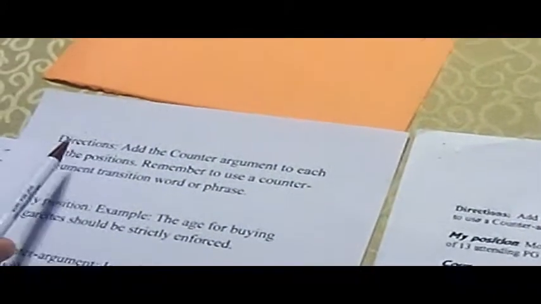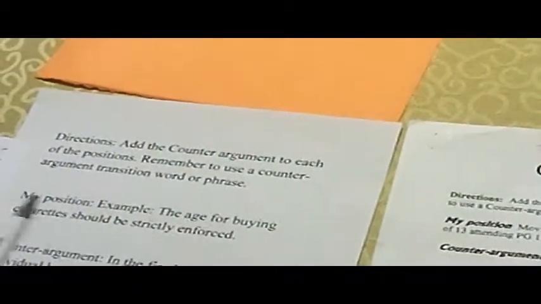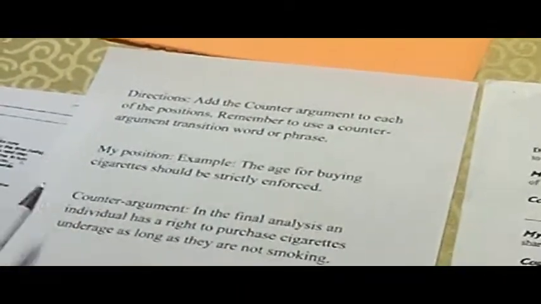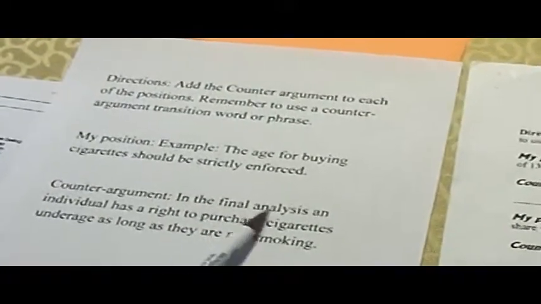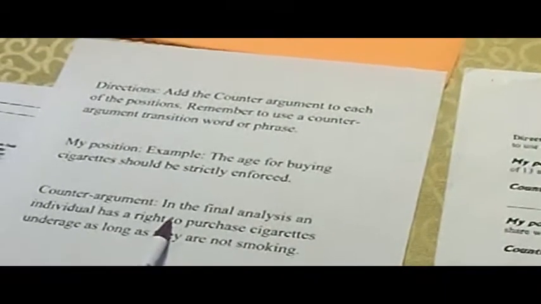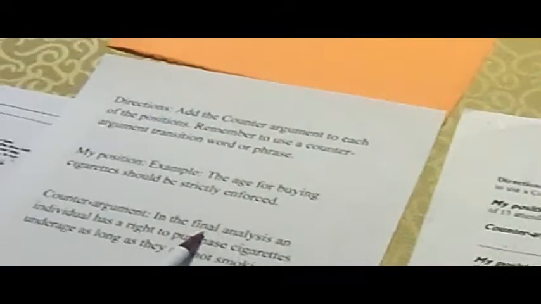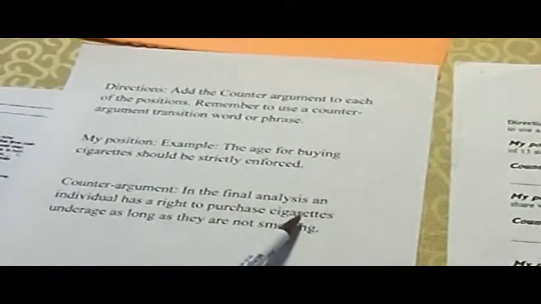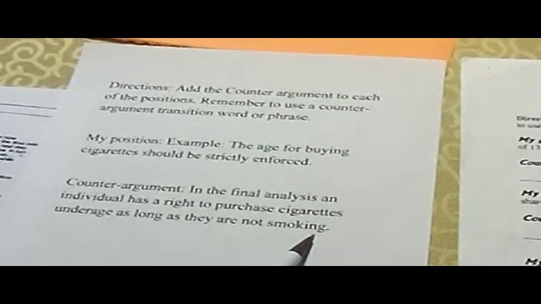For an example, if I needed to add a counter argument for this position, the age of buying cigarettes should be strictly enforced, then the counter argument for that would be: In the final analysis, an individual has a right to purchase cigarettes underage as long as they are not smoking.